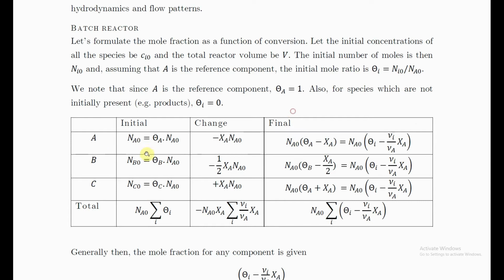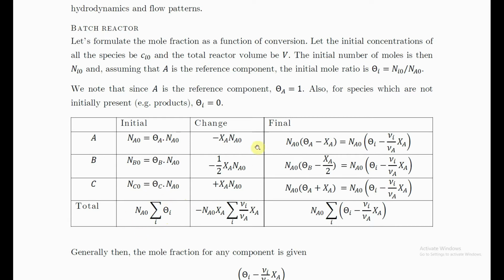So anyway, initially we have N_A0, N_B0 is theta B N_A0, N_C0 is theta C N_A0. And so if we add up all those amounts, that's the amount that we have initially in the reactor.